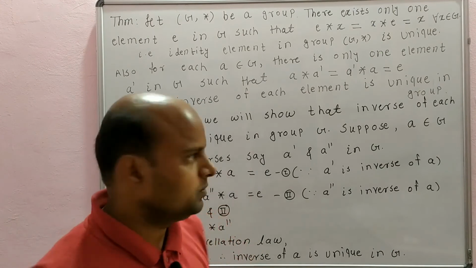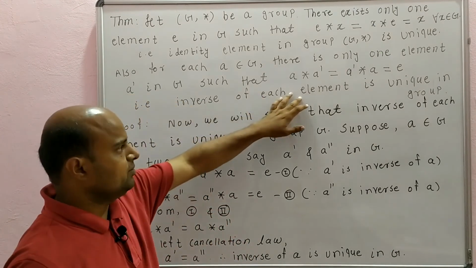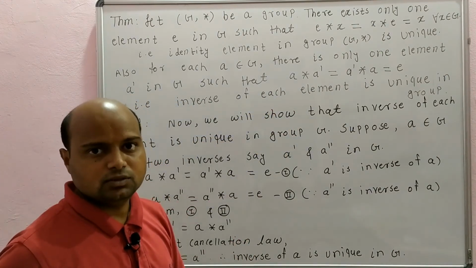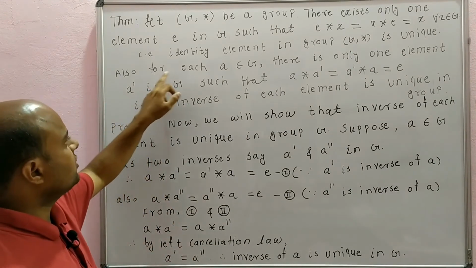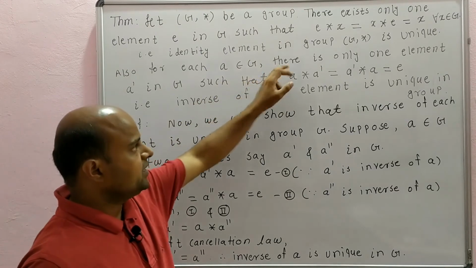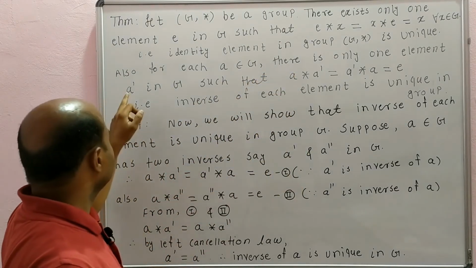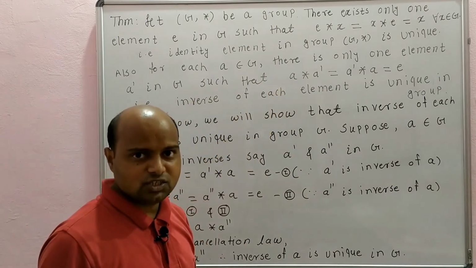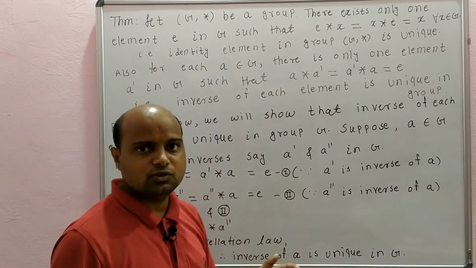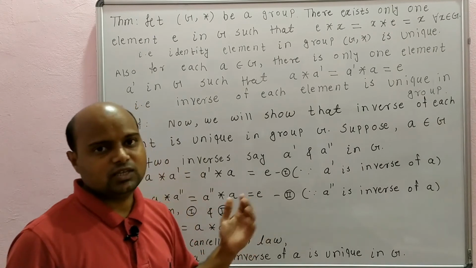Now we will prove the inverse of each element is unique in group G. We will learn the theorem statement first. For each A in G, there is only one element A dash in G such that A star A dash is equal to A dash star A is equal to E. What this theorem says?